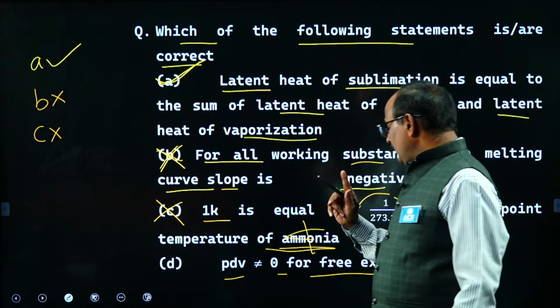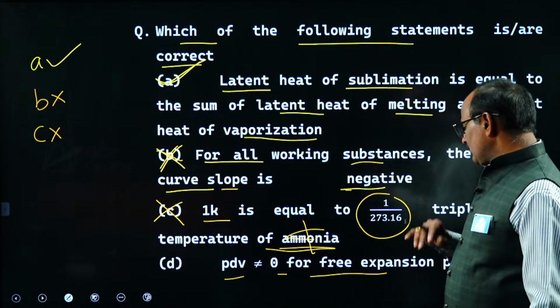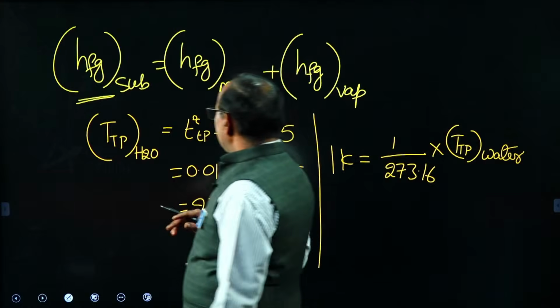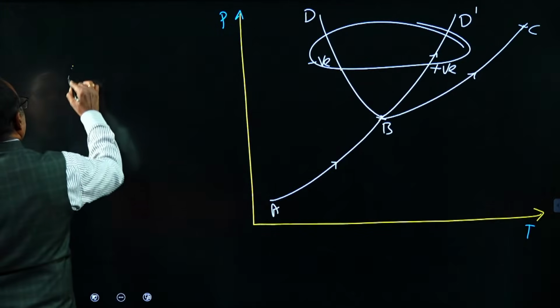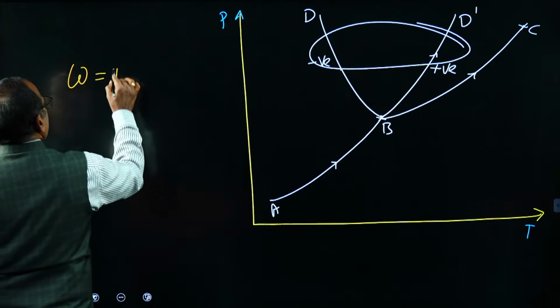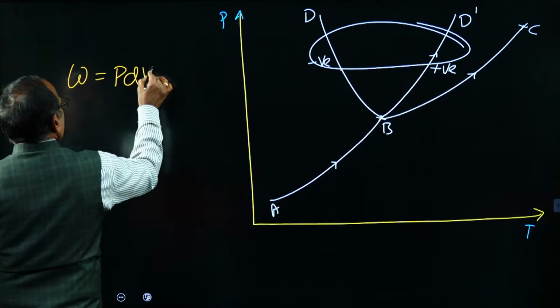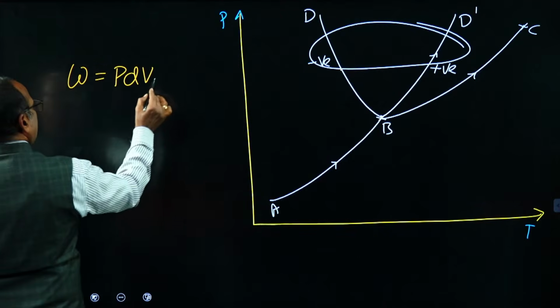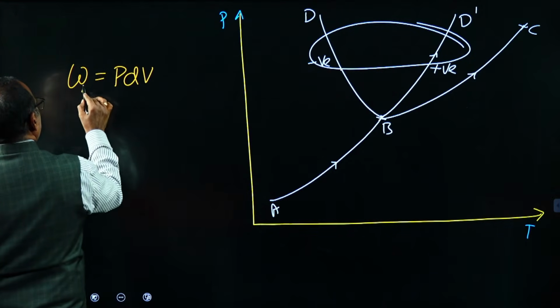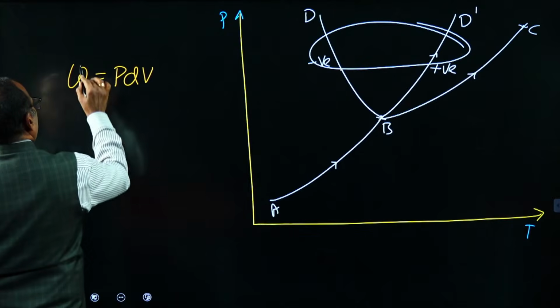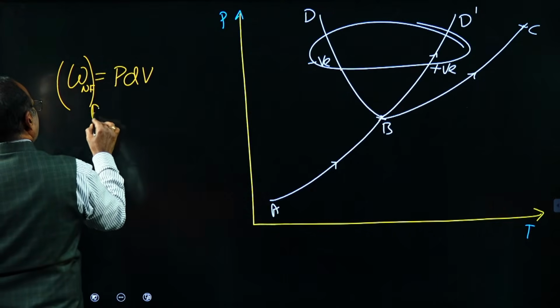Since the free expansion process is irreversible, you cannot use the work formula equal to PdV. The work equal to PdV, the non-flow work, applies only when the process is happening reversibly.